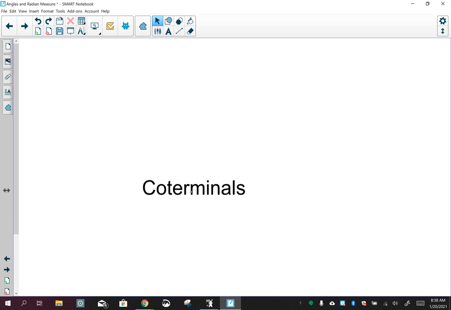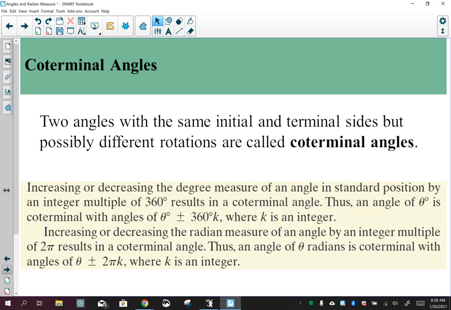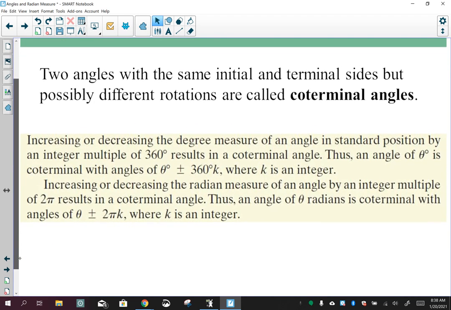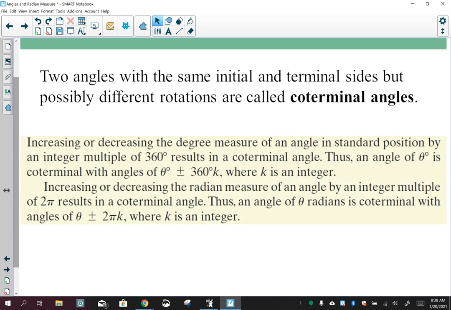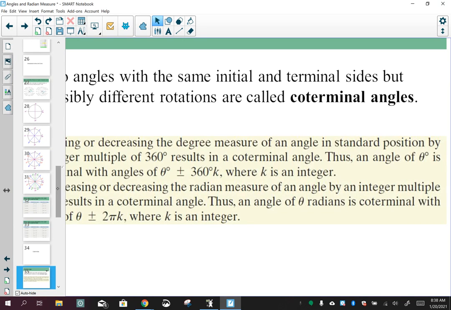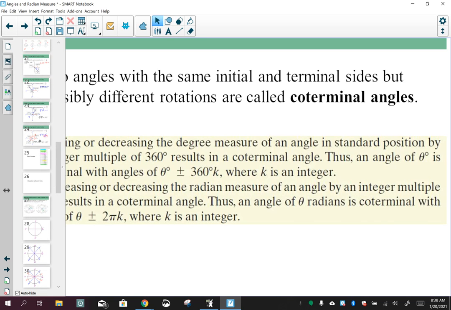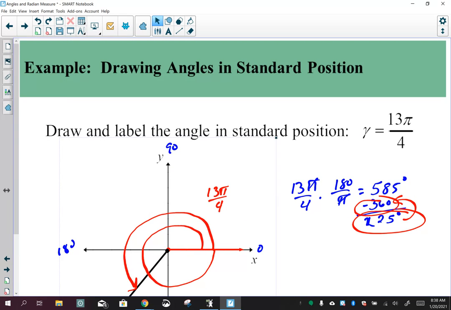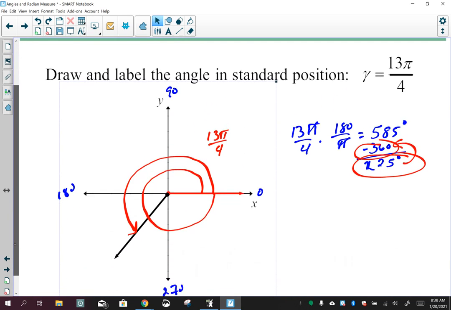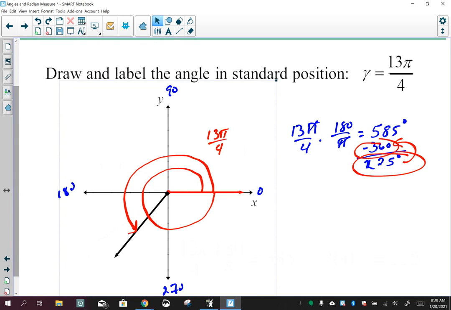So now let's talk about coterminals. Two angles with the same initial and terminal sides but possibly different rotations are called coterminals. We just did a coterminal back here, so I'm going to go back to this one right here. This is considered a coterminal. Why?